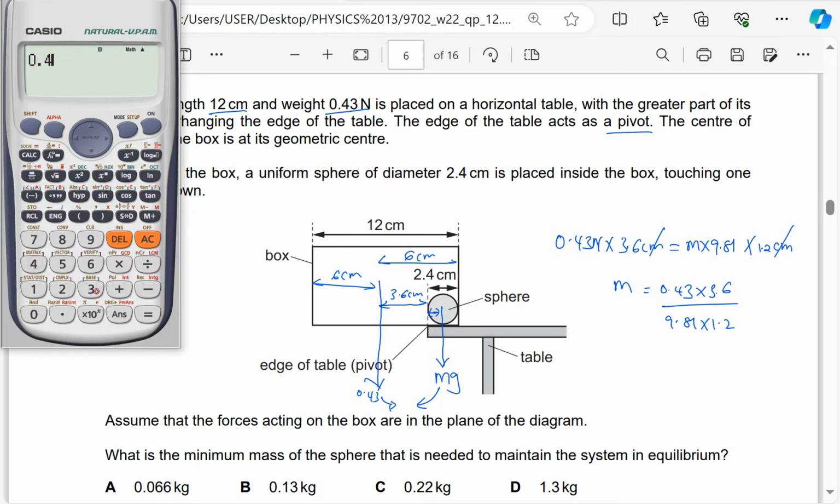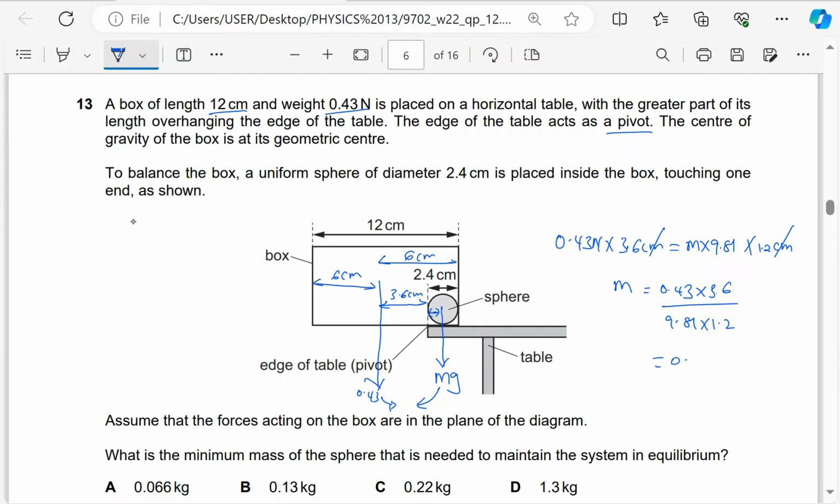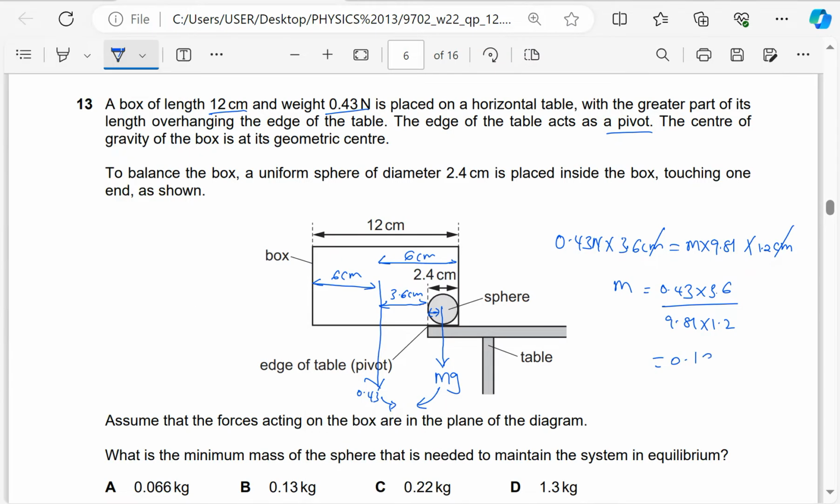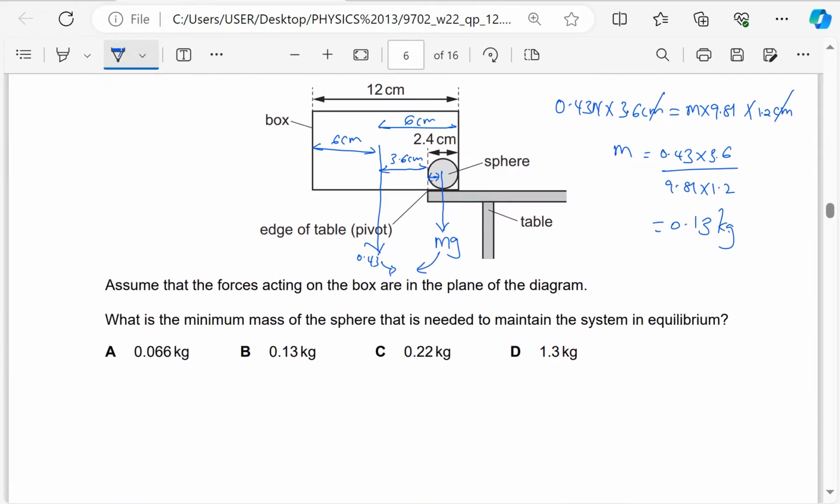So 0.43 times 3.6 divided by 9.81 times 1.2 is giving me 0.13 kilograms. So that means my answer is B.